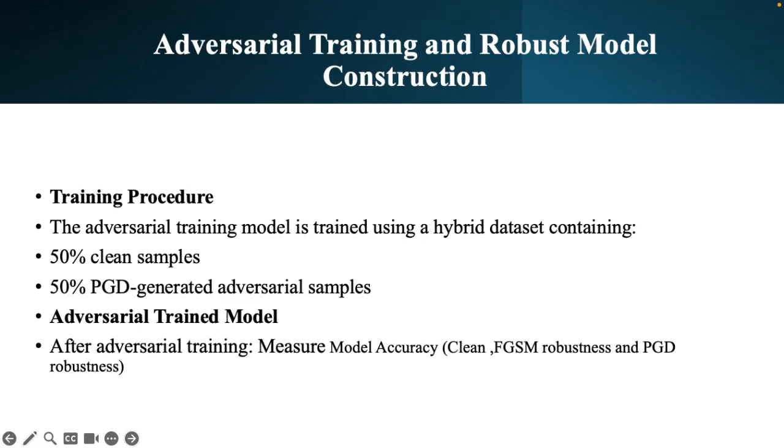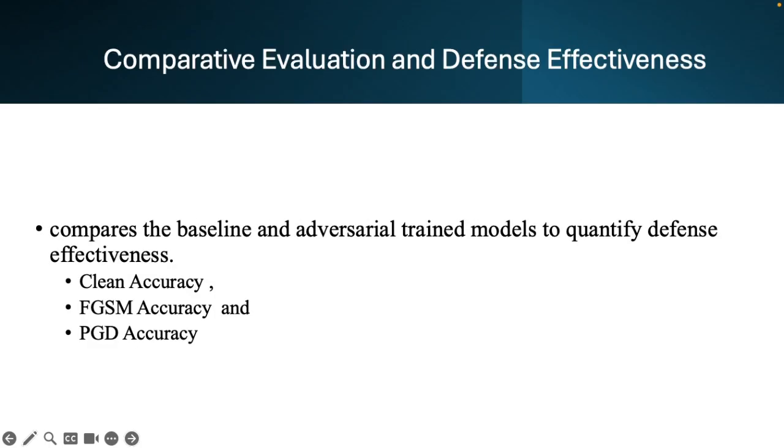And the training procedure includes model training using hybrid datasets that contain clean samples and PGD-generated adversarial samples. And after the model is trained, we measure the model accuracy. And then evaluation.